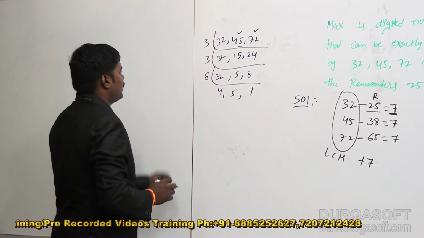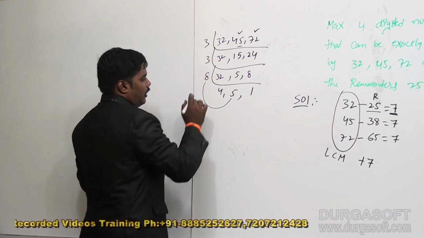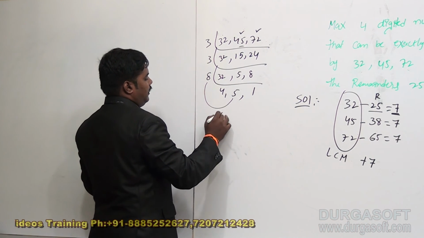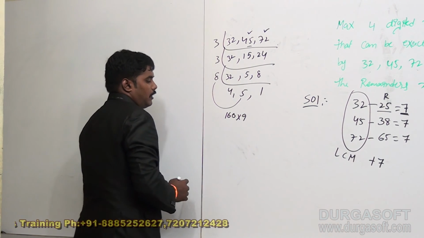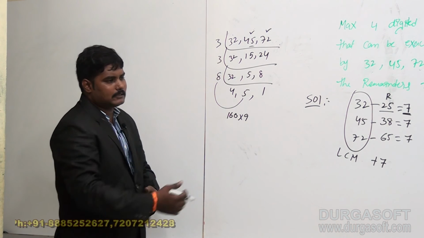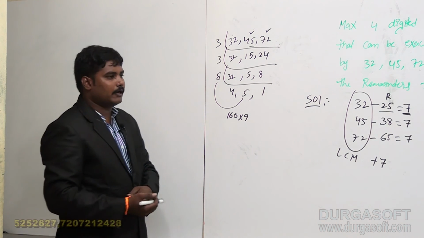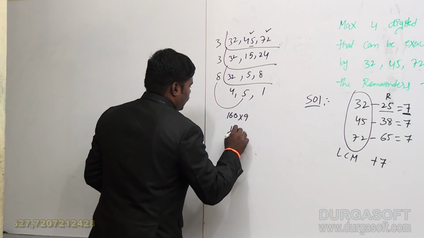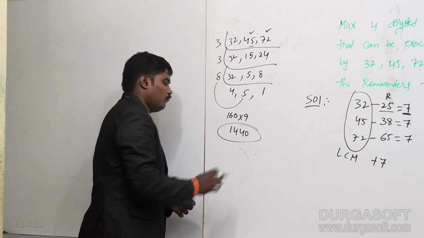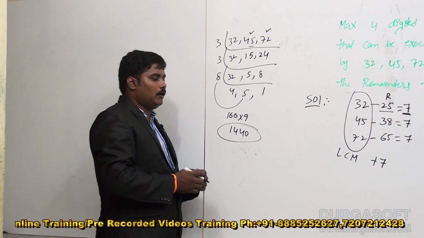So what is the LCM for this? Multiply 8 5s 40, 40 4s 160, 160 into 9: 16 10s are 160, 16 9s are 160 minus 10, that means 150, 150 minus 6, you get 144, so 1440. 1440 is the least common multiple.